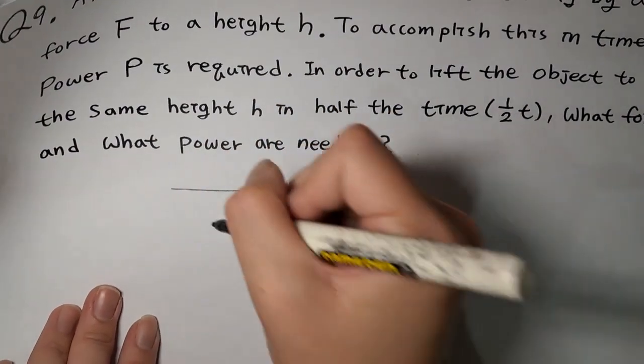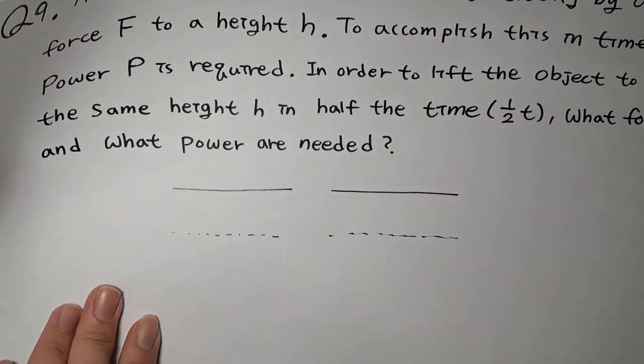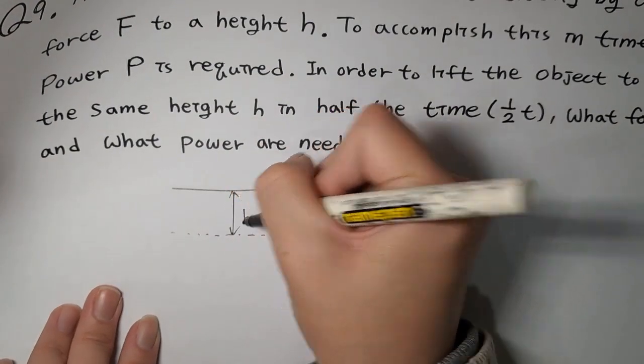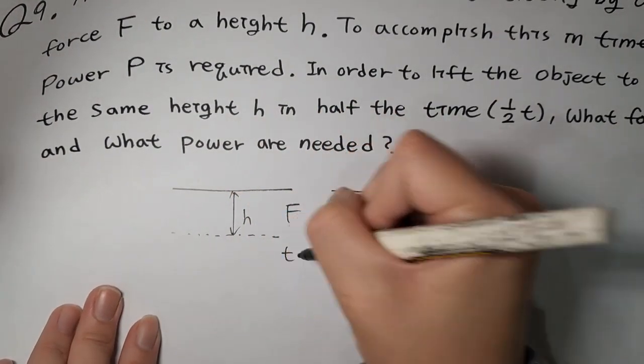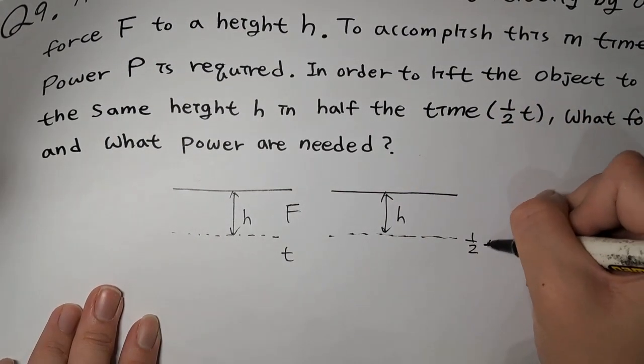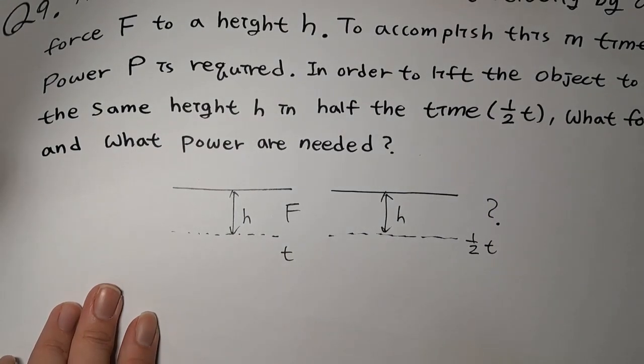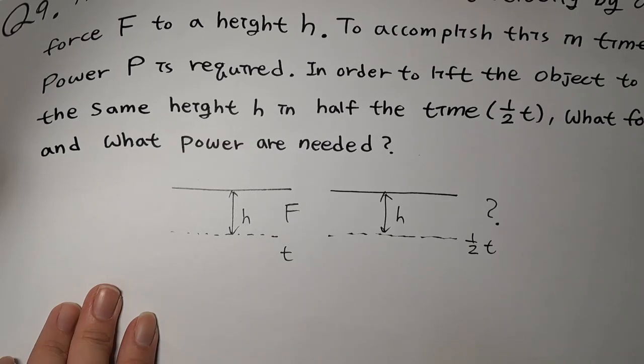So both times the object is lifted to the same height at constant velocity. To overcome gravity and move the object at constant speed, the upward force must be equal to the force of gravity.